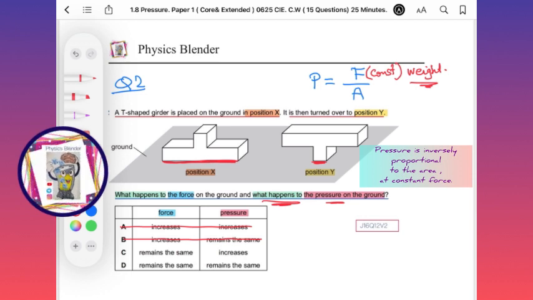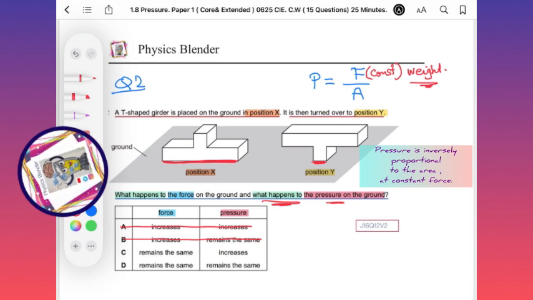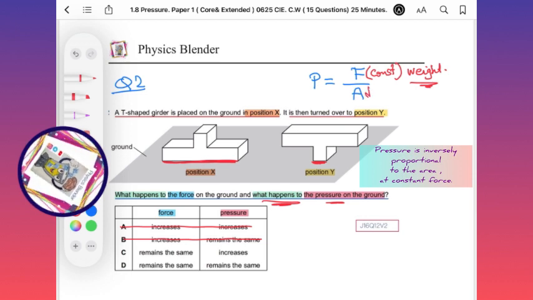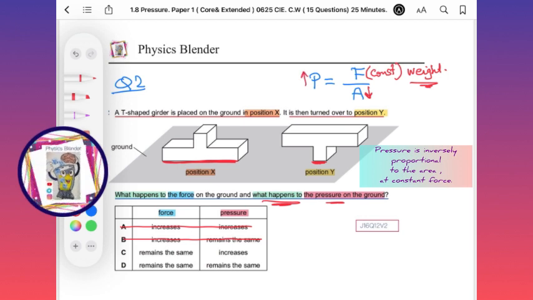So what happens to the pressure on the ground when it is turned over? As I told you, the base area is decreased, so pressure increased.